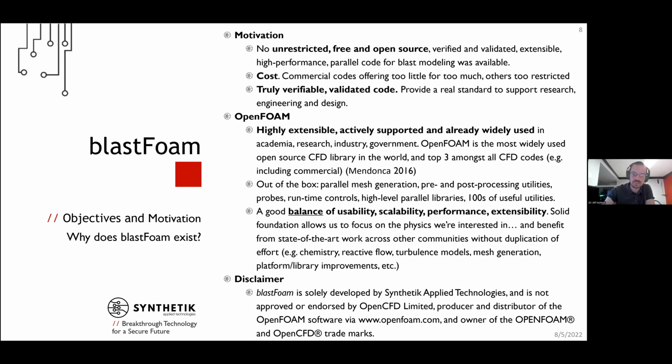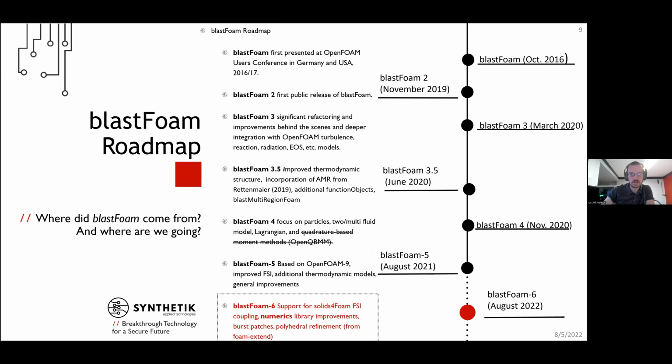It has tons of utilities, which we make heavy use of. Really, it's a nice balance of usability, scalability, performance, and easy extendability. We don't have to re-implement all the turbulence models. They're just there. There's a lot of stuff that we didn't have to do, and we could focus on what we actually needed, being the very compressible physics or slightly different numerics.